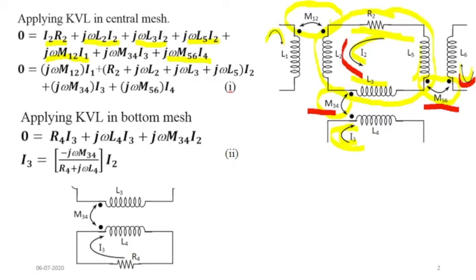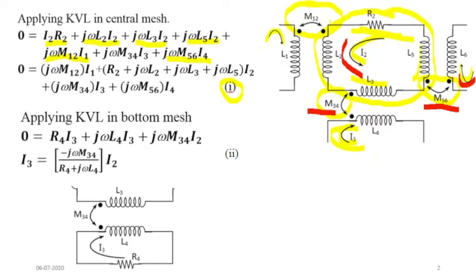After having written this equation, we are arranging this, collecting the like terms, and then the equation is represented as specified in equation number 1. Now we will be replacing the other terms of current I3, I4 and I1 in terms of I2.